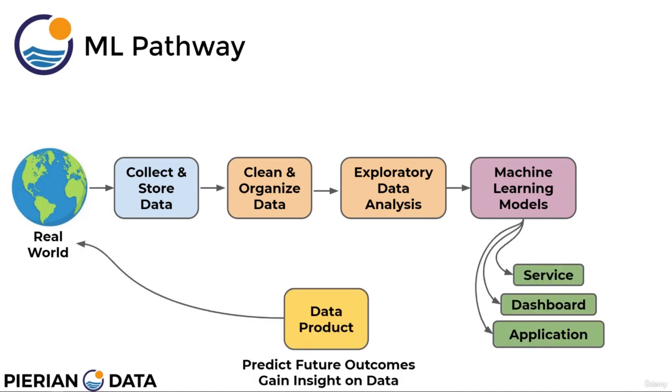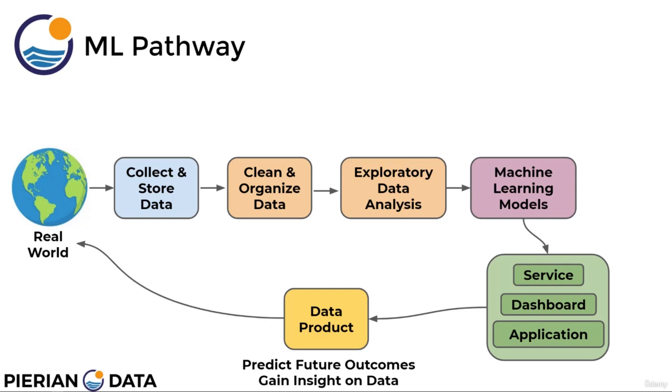And then, once we've created successful machine learning models that we're satisfied with, we can use those models to create a service or a dashboard or an application. And in general, these three things don't live just isolated from each other. They're not mutually exclusive. They're usually all part of some sort of data product. So once we've run the machine learning models and we're satisfied with them, we create some sort of service, dashboard, application, or some combination of all three to create a data product that hopefully can then predict future outcomes or gain insight on data that we weren't able to see before without machine learning, and then use that to affect some change in the real world.